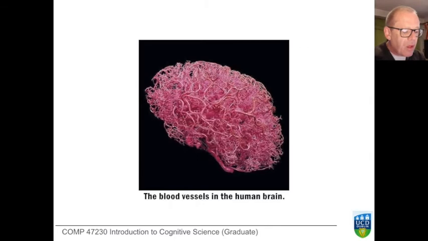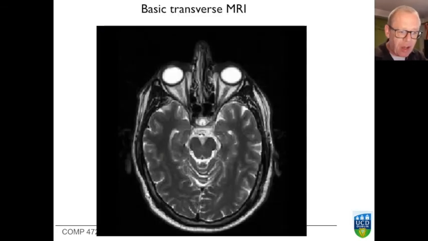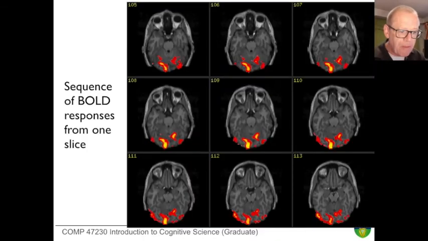So to recap, we start with an MRI image. That's an anatomical image of this sort. And then we record differences in regional blood flow in certain areas of the brain between two experimental conditions. So here, for example, we can see the so-called BOLD responses.